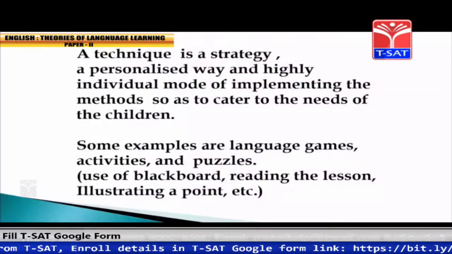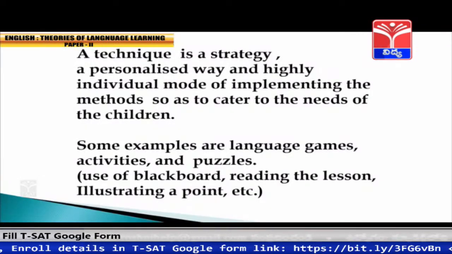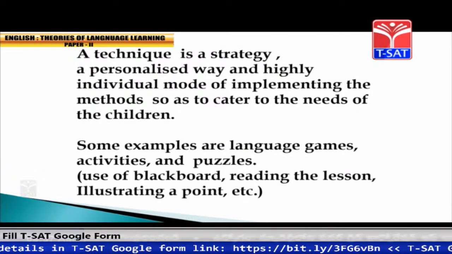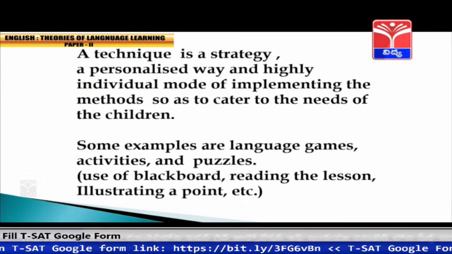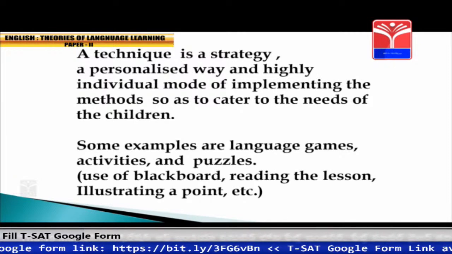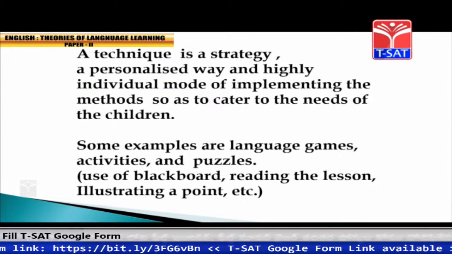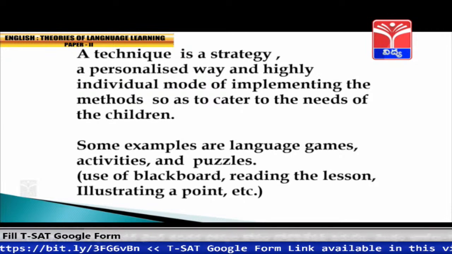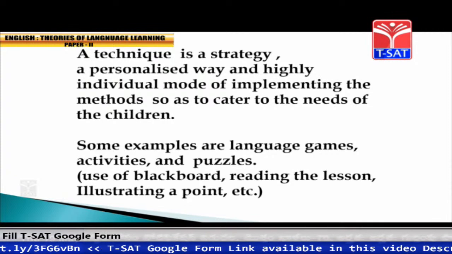And a technique is a strategy. A technique is purely personal and highly individual, and it differs from teacher to teacher. The teacher can adapt his or her technique to perform in the classroom so as to cater to the needs of the children in a better way.